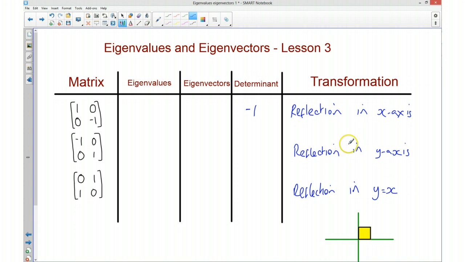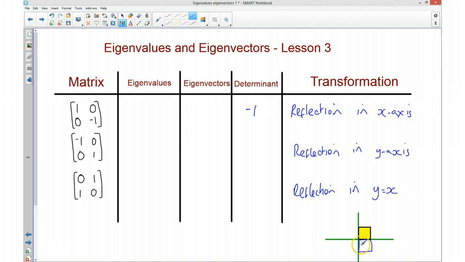That's saying that I've got a reflection in the x-axis. So if we were looking at this particular shape here, and I reflected this in the x-axis, my shape's going to end up down here. Now the area of that hasn't changed, but because it's kind of been flipped over, that's the way I like to think about it, then the area becomes negative.